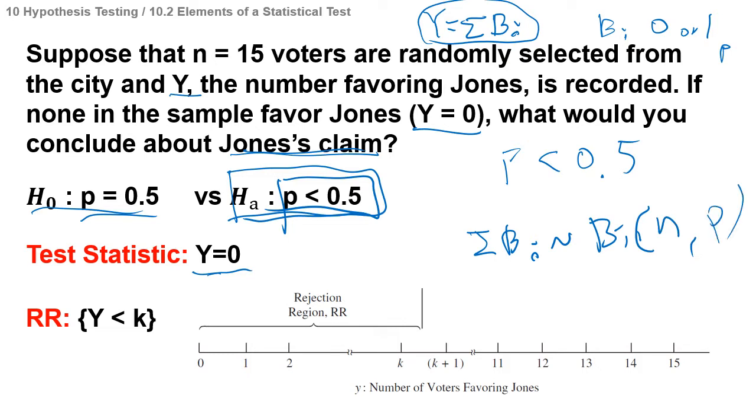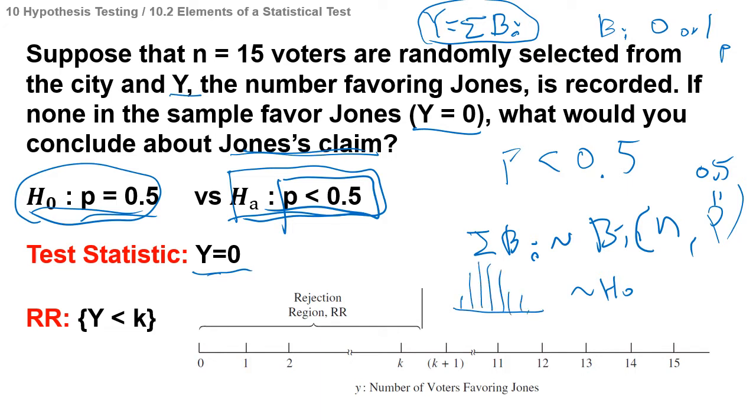And so under the null hypothesis, under P equals 0.5, we can calculate the probability distribution of Y, and we can calculate the probability of Y equals 0 when Y follows a binomial distribution with 15 and 0.5.